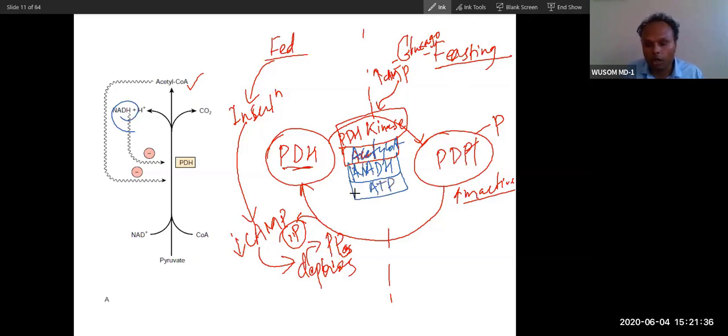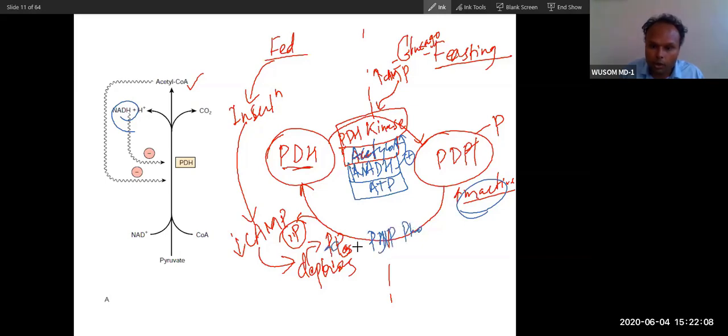So all of these will increase in blood during fasting condition because of fat metabolism. So acetyl coenzyme A, NADH and ATP will activate this PDH kinase to convert PDH into phosphorylated, inactive PDH.